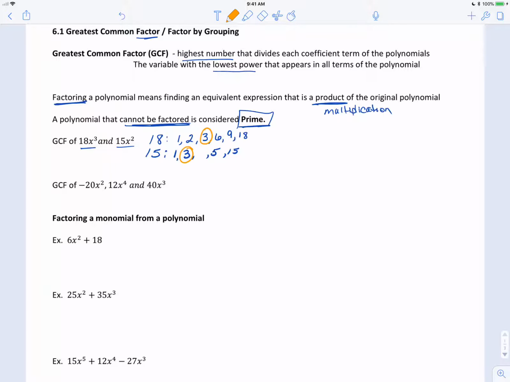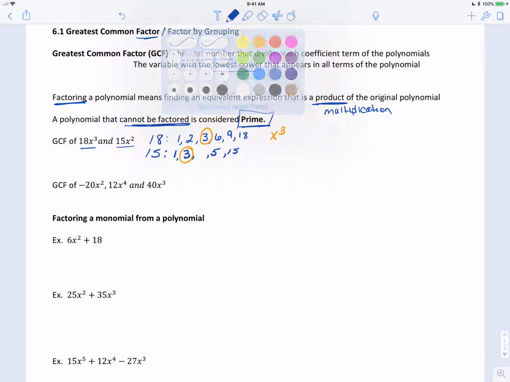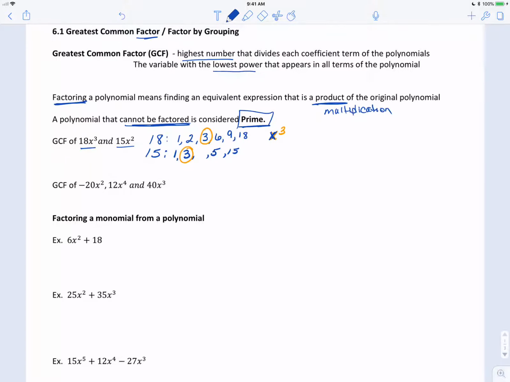But what about the x squared and the x cubed? Well, remember that it's always that lowest power. And here's why. Because if I say I have factors of x squared, well, that's only x squared and x.